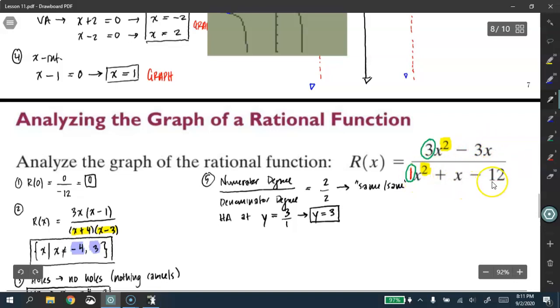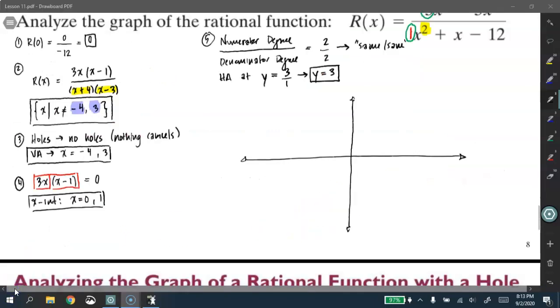The same thing can be said for the denominator. When it comes to asymptotes, asymptotes are all about the long run, like what happens in the long run. So for that reason, we are looking at the degrees in the numerator and denominator to tell which one is more powerful. In this case, because they were both the same degree, they had the same amount of power. So in that situation, we take their coefficients and write down 3 over 1, which is equal to 3.